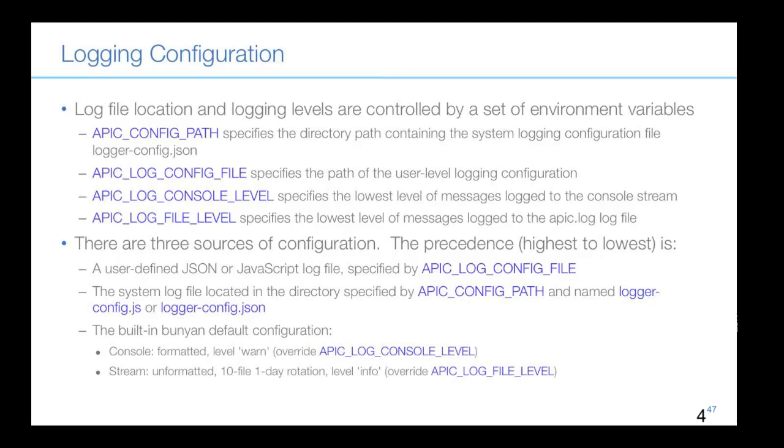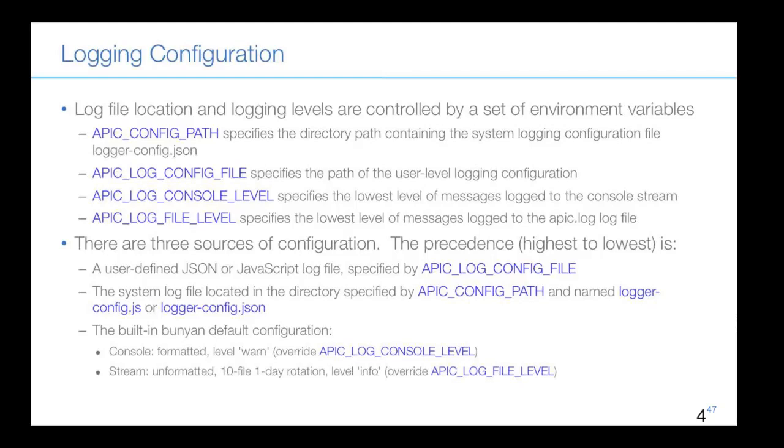I'll talk about that in a second. Then there are two other ones, APIC log console level and file level, which control through an environment variable the lowest level that will be output to a file or to the console. For example, if you set it to debug, that will log debug and above, so info, warning, error, and all those others. If you wanted it a little sparser, you would set it to error, and that would only log error and above.